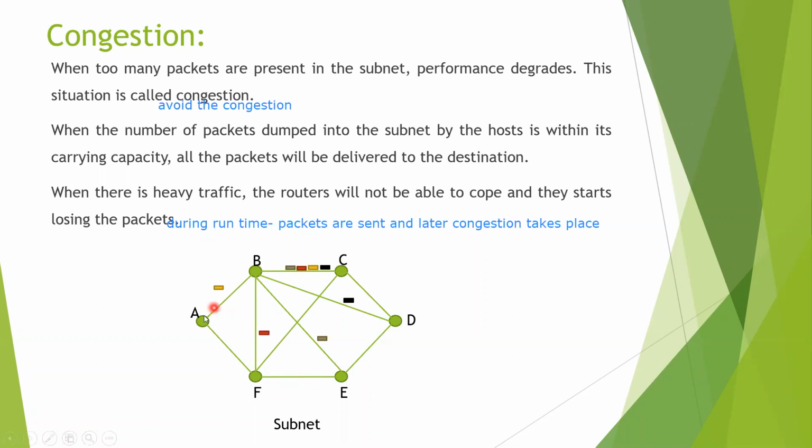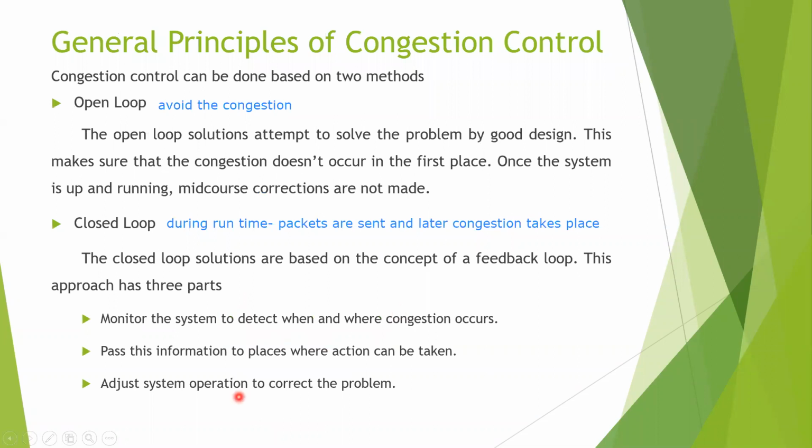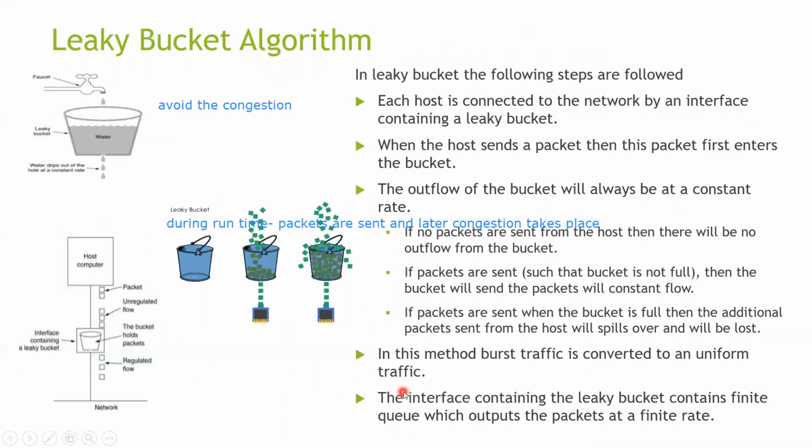So we pass this information to the other routers, where actions can be taken. The third point is to adjust system operation to correct the problem, that is, address the problem where the congestion has occurred.